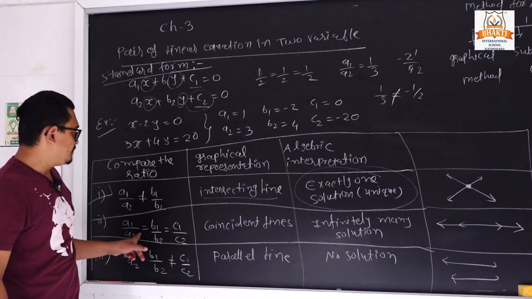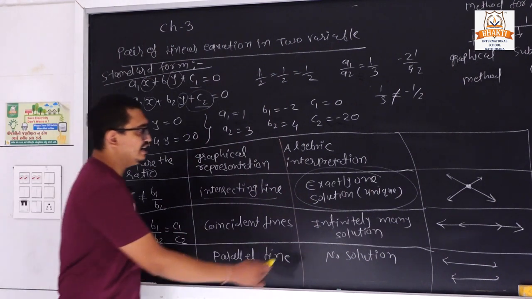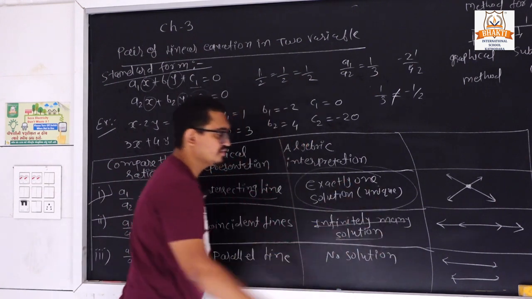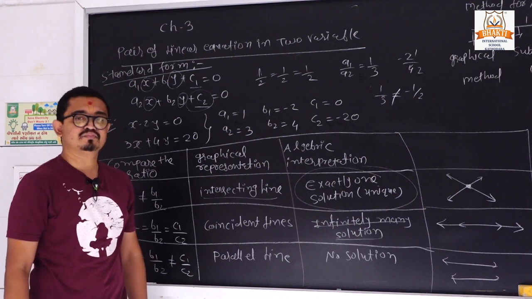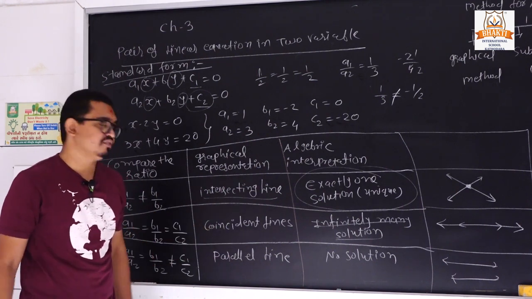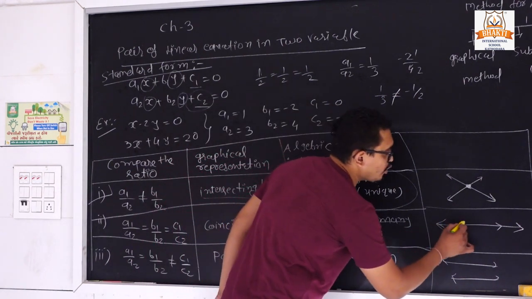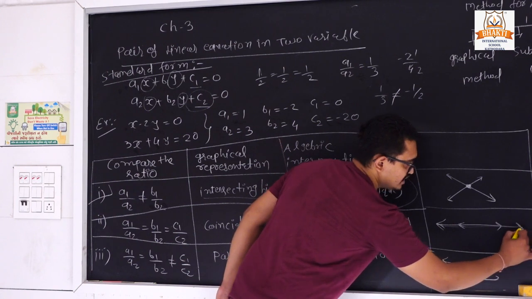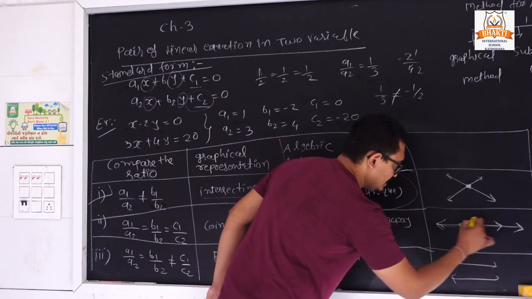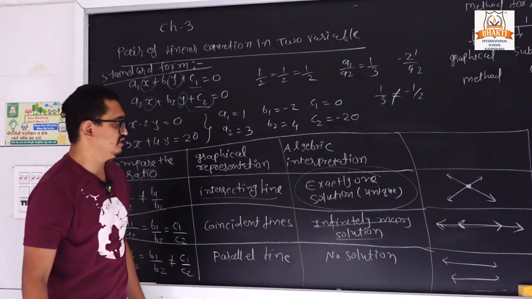These three are equal, so at that time we have infinitely many solutions. If we draw the graph, they are coincident lines. Coincident means both are overlapping each other, when we draw the graph of the first and second equations.